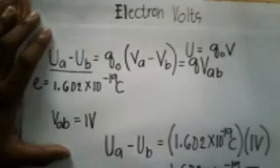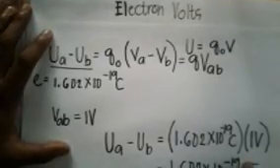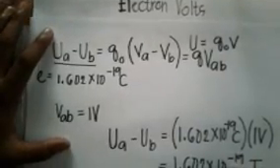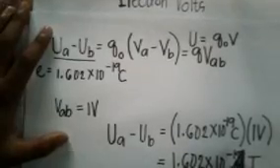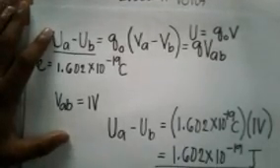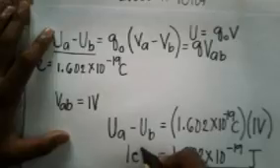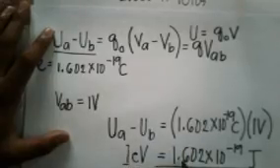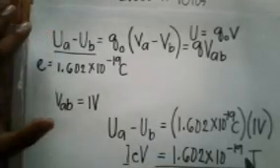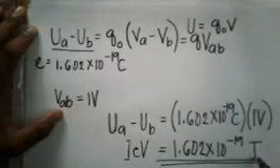So this quantity of energy is defined to be 1 electron volt, which is equal to 1.602 times 10 to the negative 19 joules.